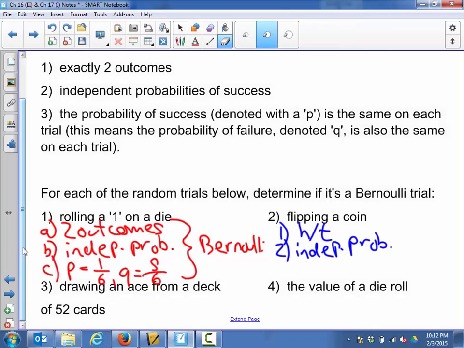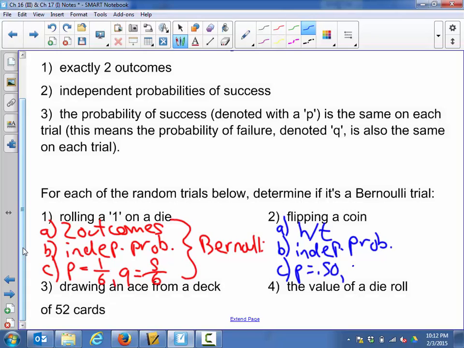And then the probability of success depends upon how you're defining success in the problem you're working on. But it's either 50% for heads or 50% for tails. Q, again, is the complement. So you have, again, a Bernoulli trial.